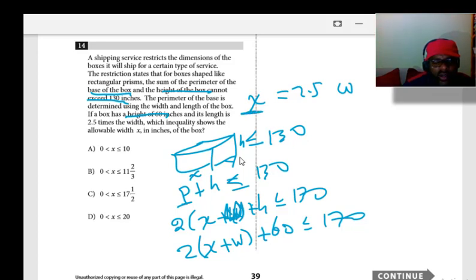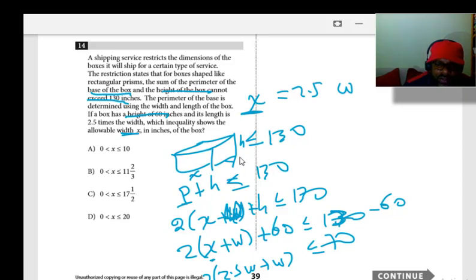You were asked to find the value. Let's express the length. Twice the length is 2.5 times the width, and I have another width. Subtracting 60 from 130 gives 127.